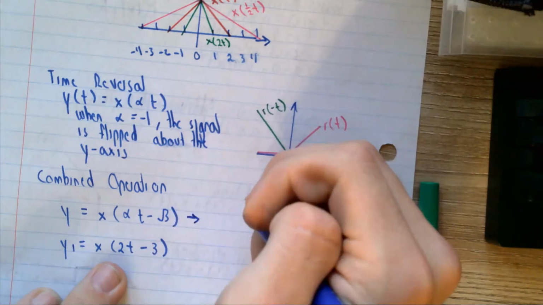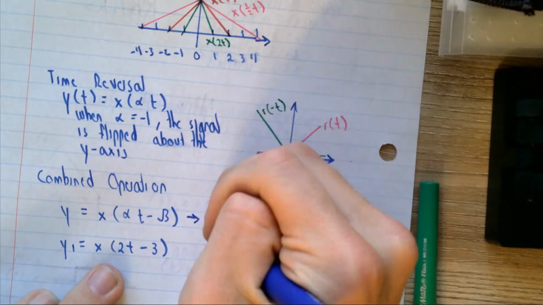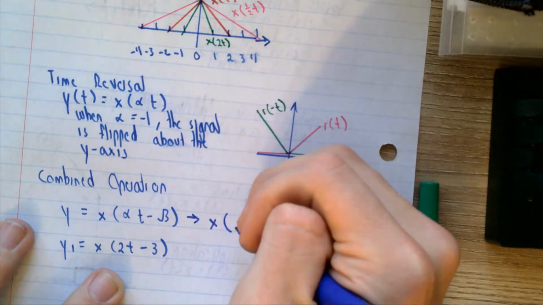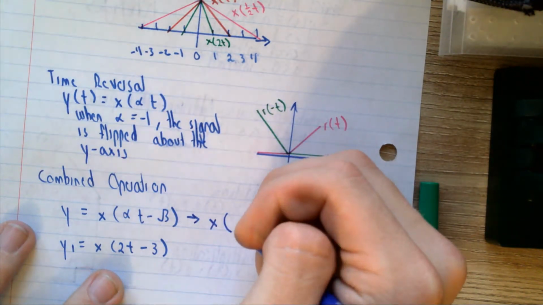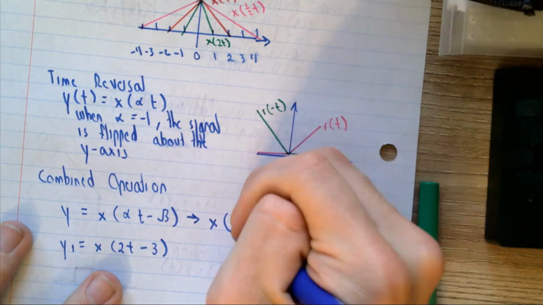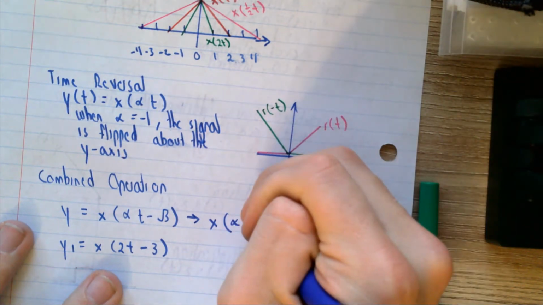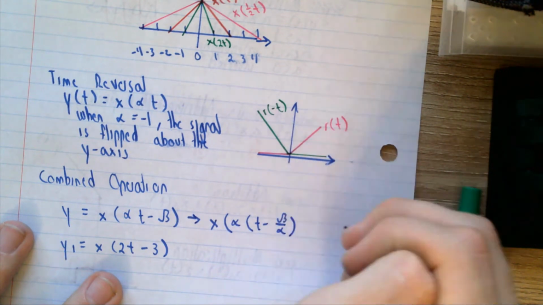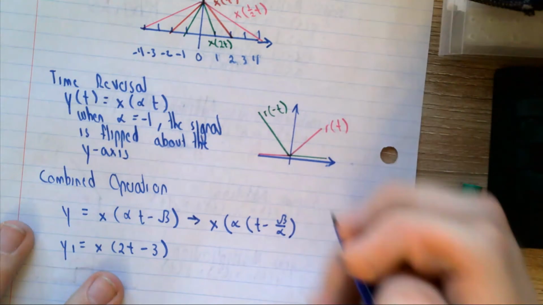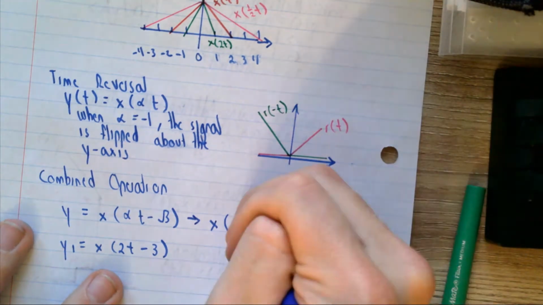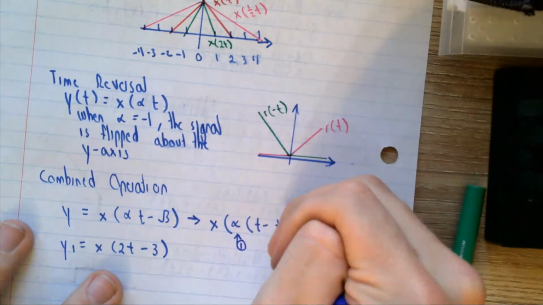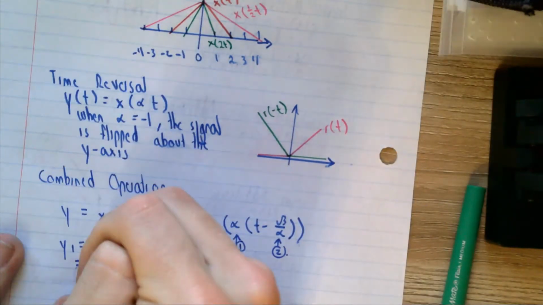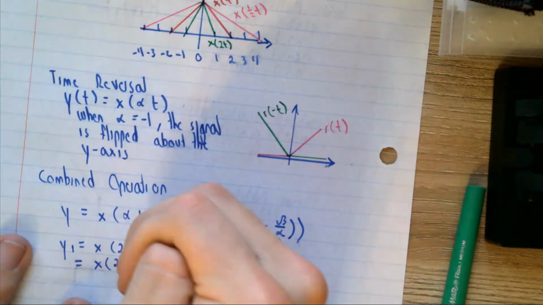So if you rewrote this, it would be x of, and then you take out the alpha term, so you have t minus beta over alpha. Now you can do the multiplication first by that scalar, and then you can do the addition. So if we were to rewrite the one down here, it'd be x of 2 times t minus 3 divided by 2.